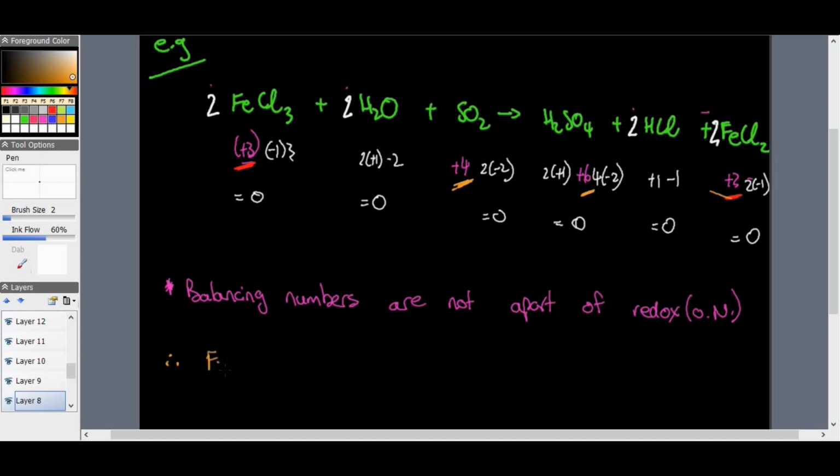Iron changed from positive 3 to positive 2, and sulfur changed from positive 4 to positive 6.